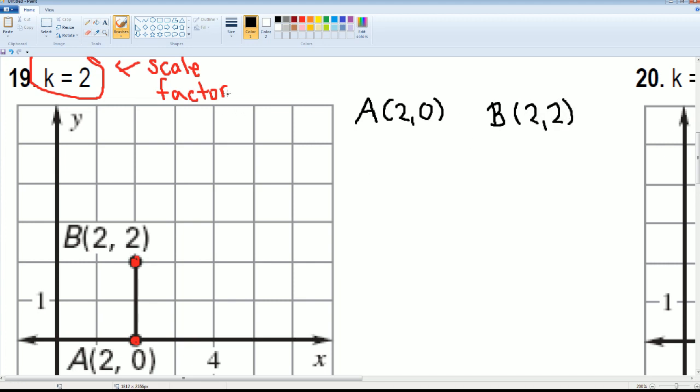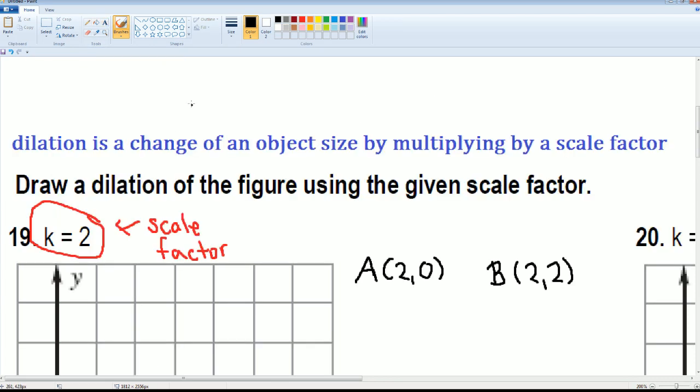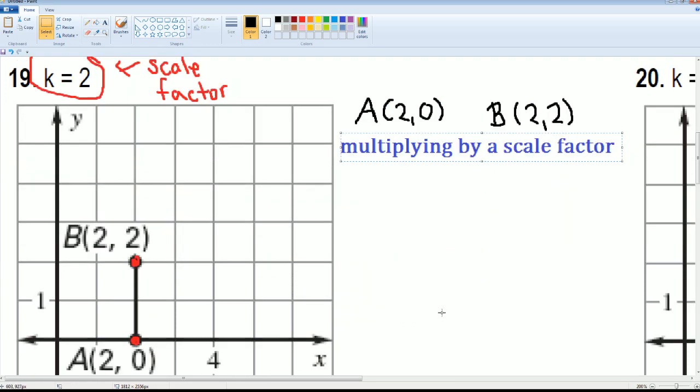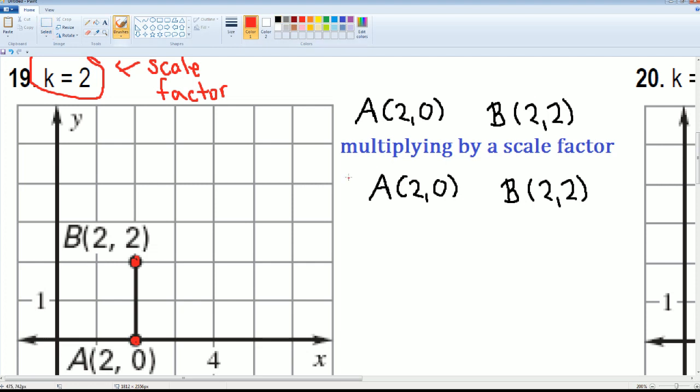What do we need to do here? We need to do a dilation by multiplying by the scale factor. So we are going to get our points, and we're going to multiply 2 to everything.